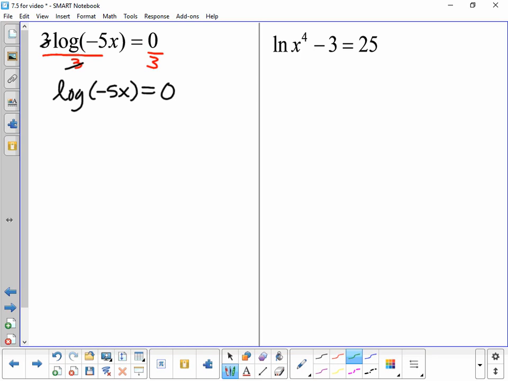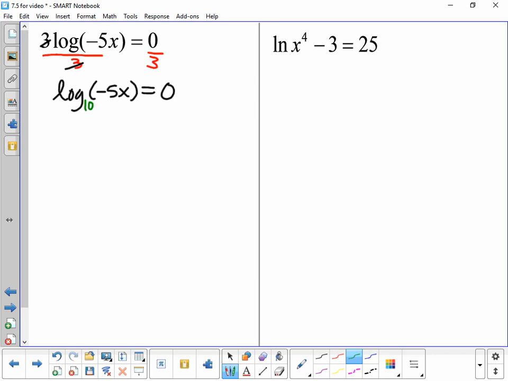We can rewrite it, except a lot of people get stuck right here when they need to rewrite it, because they're just not sure how to rewrite this. The reason that it might stump you is because this is a log in which the base is not physically written there. We know, hopefully, and you remember if I remind you, that a log is base 10.